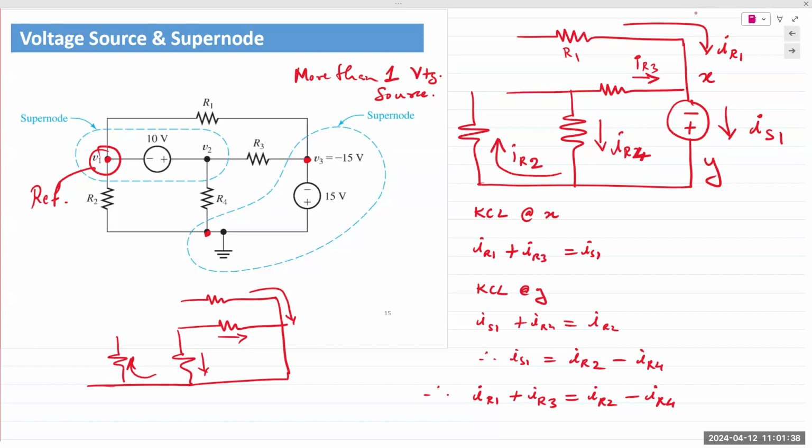IR1, IR3, and IR4 coming in, and then IR2 is leaving, which is the exact same expression we have here: IR1 plus IR3 plus IR4 equals IR2. Okay, that's all it is. Supernode is just a shortcut.